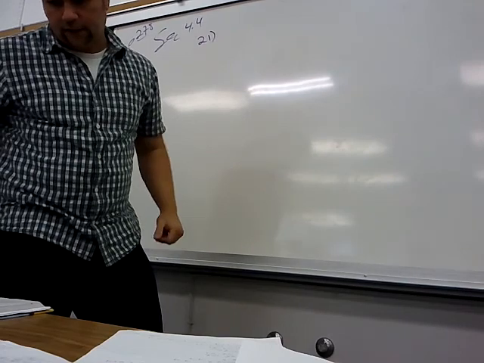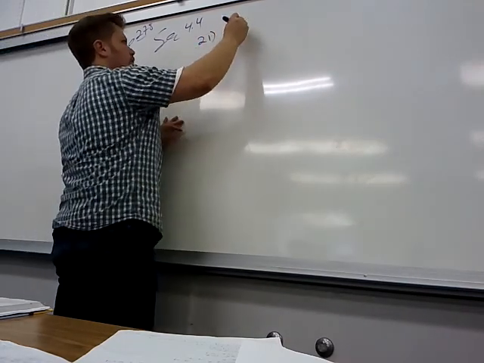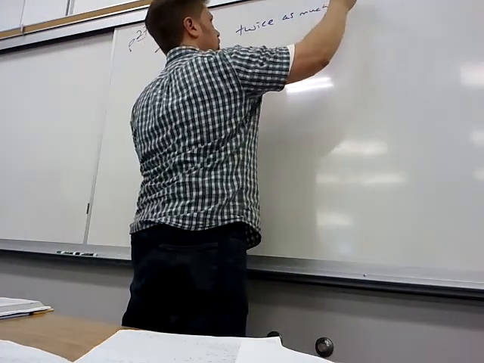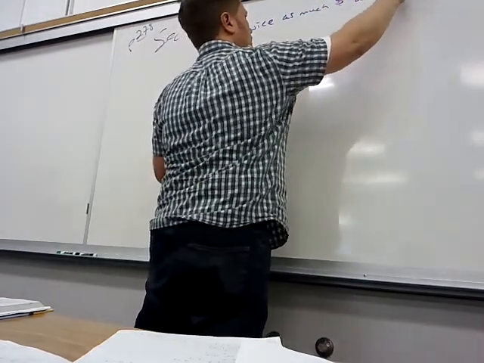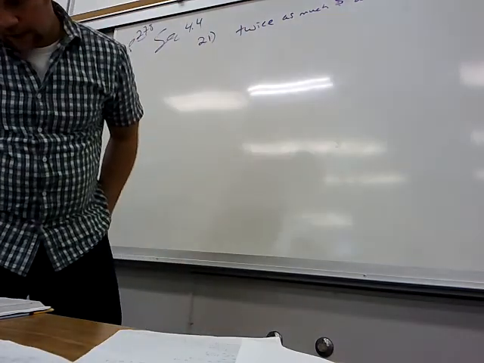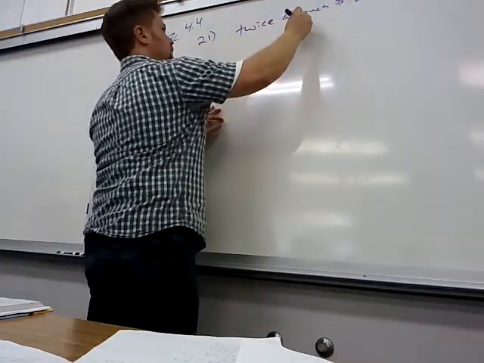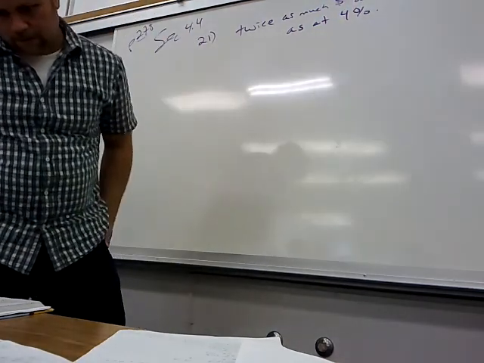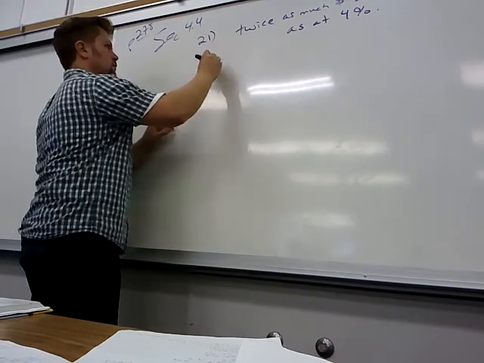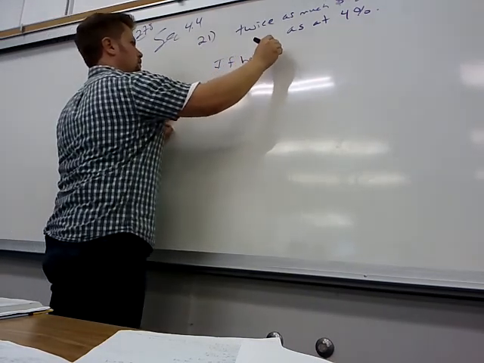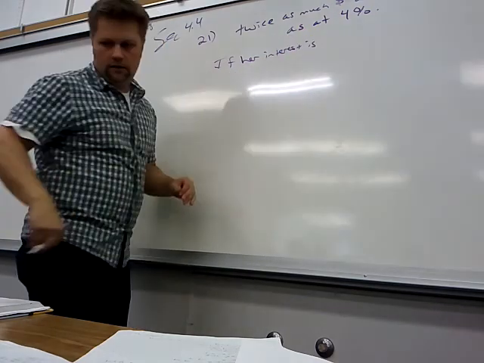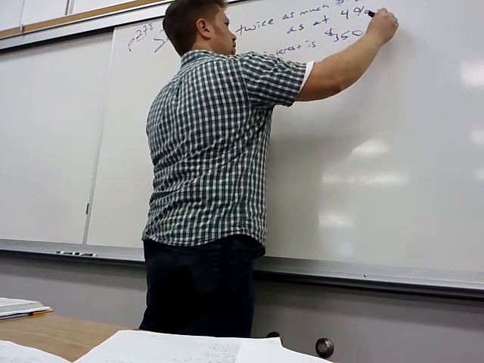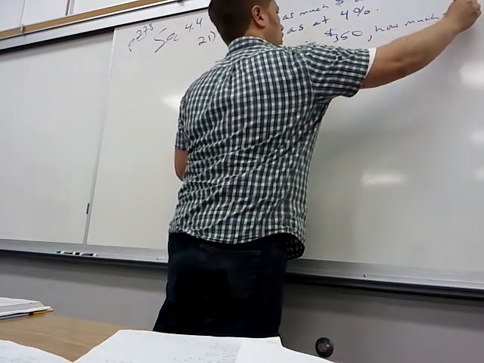So it says Karen has twice as much money at 5% as she does at 4%. If her yearly income from these two investments for interest is $350, how much is in each account?